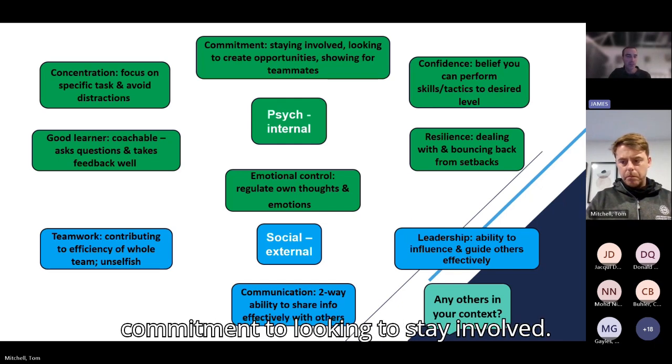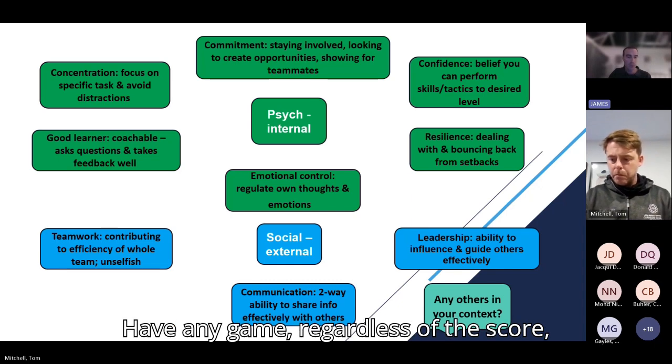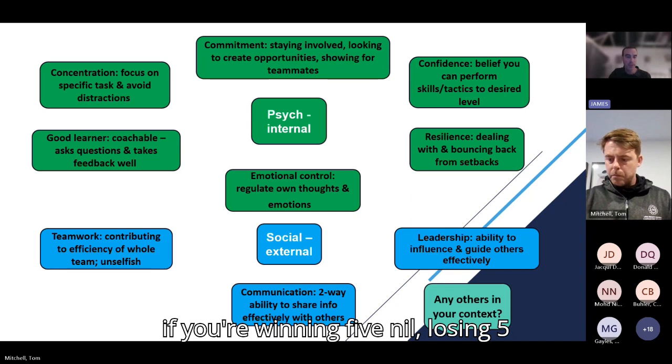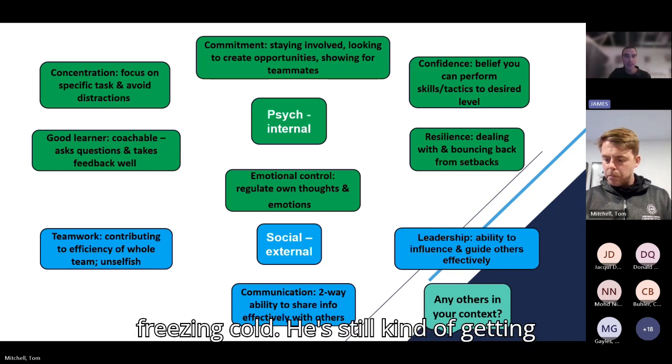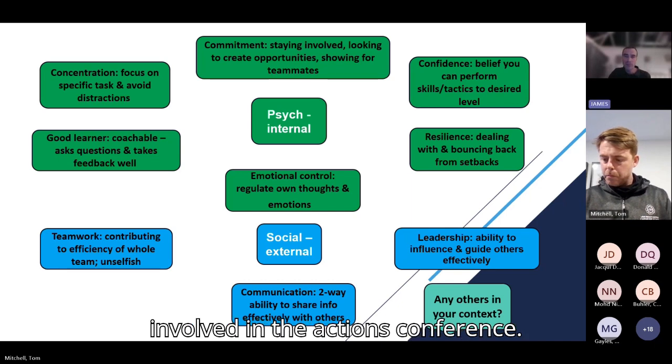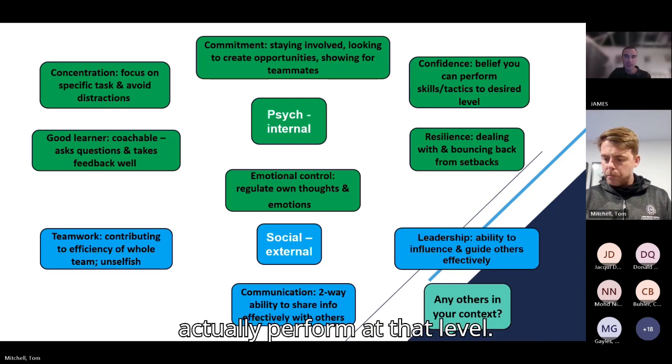Commitment, so looking to stay involved in a game regardless of the score. If you're winning 5-0, losing 5-0, it's -5 degrees and freezing cold, are you still getting involved in the actions? Confidence, obviously a massive belief that you can actually perform at that level.